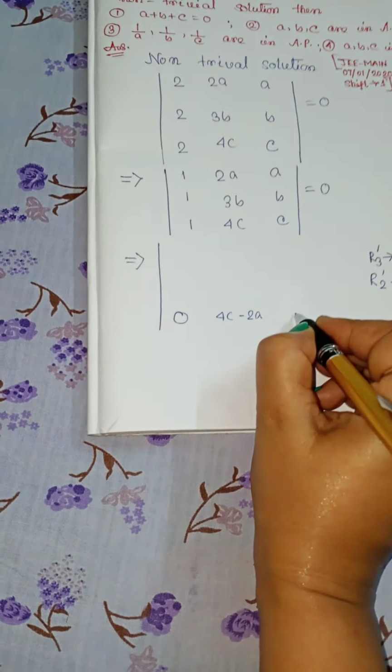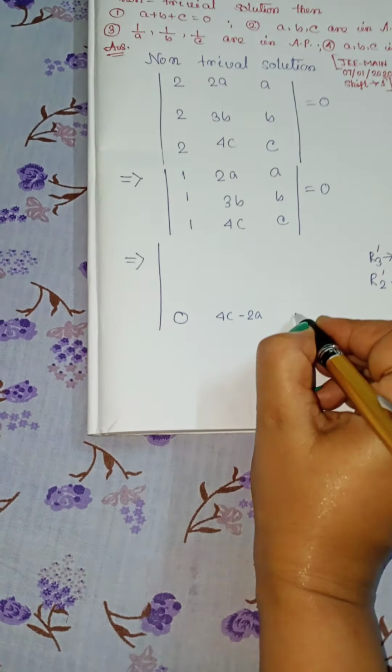Now row 2 becomes 0, 3b minus 2a, b minus a, and R1 fixed, 1, 2a and a. So this is also 0.